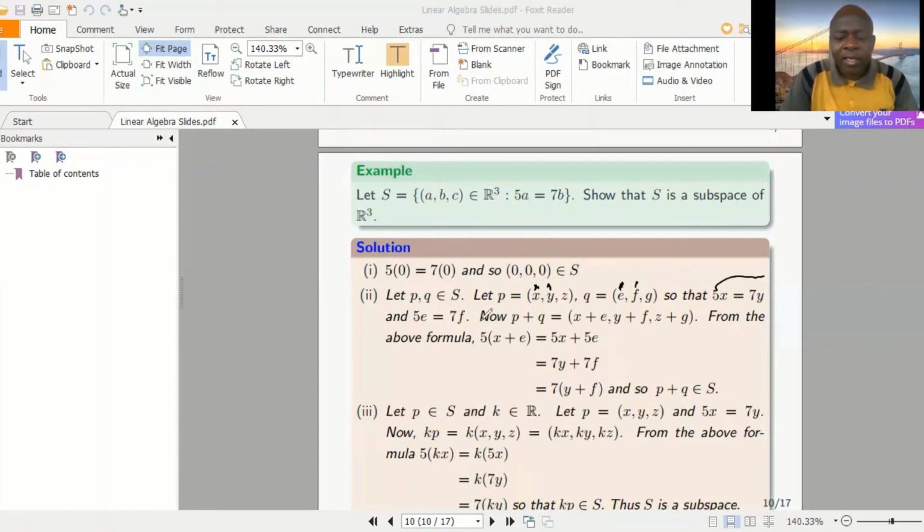Now, let me get the sum of P and Q. The sum of P and Q is, I just add the corresponding elements: x plus e, that is my first element. Then the second element would be y plus f. Then the third element would be z plus g.